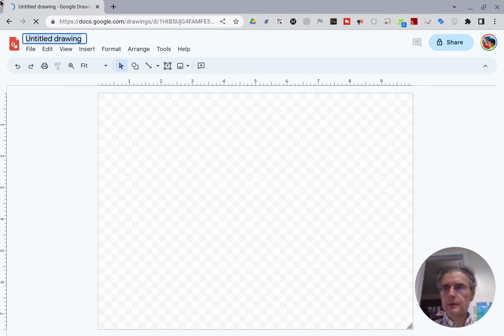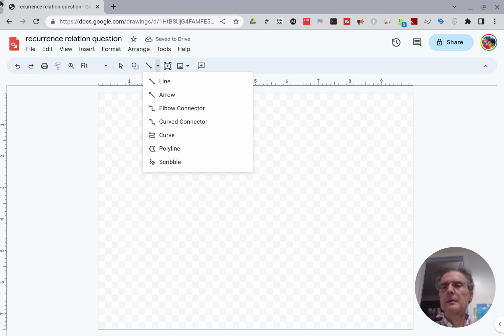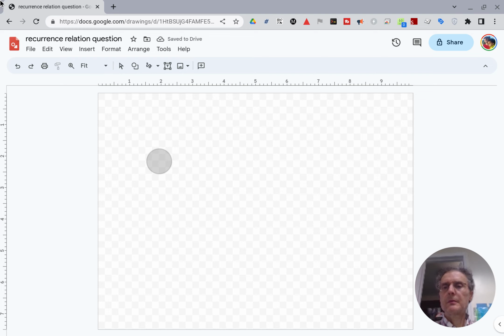Let's call it recurrence relation question. Okay, and let's go into scribble mode. Scribble. And let's look at the problem.